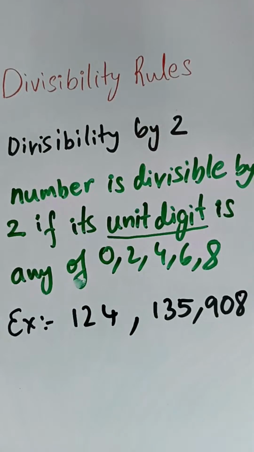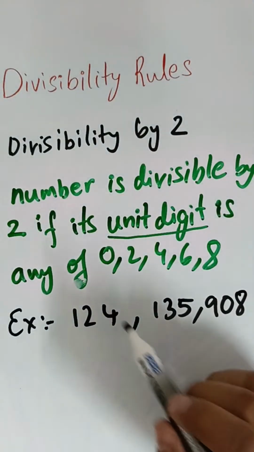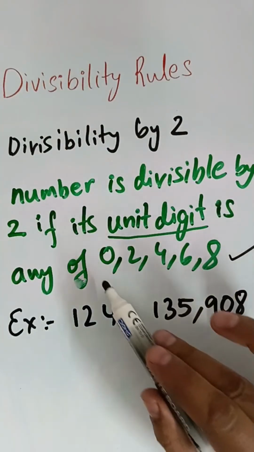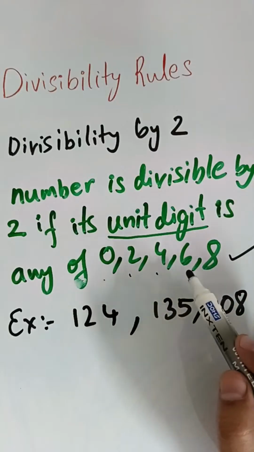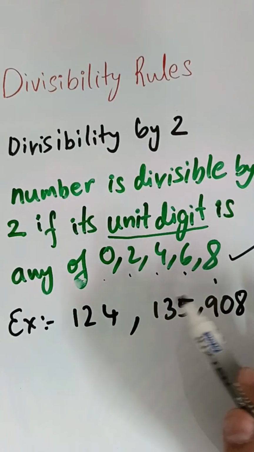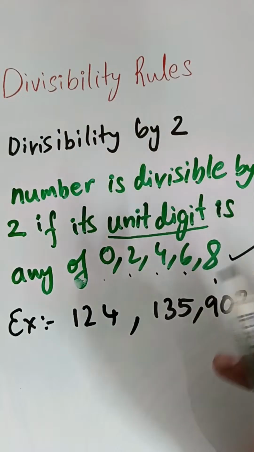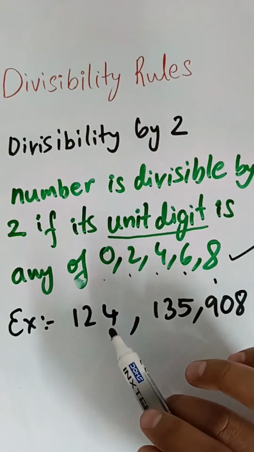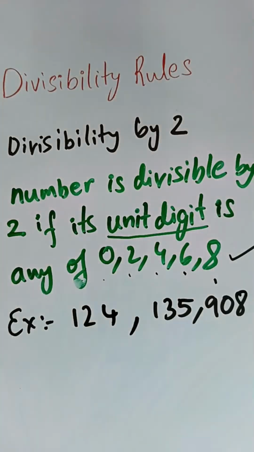In these three numbers, which is divisible by 2? According to the rule, if the unit place has 0, 2, 4, 6 or 8, the number is divisible by 2. Forget about the digits you have in the tens place, hundreds place.